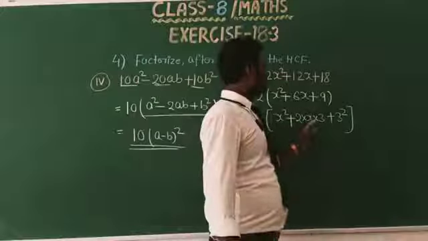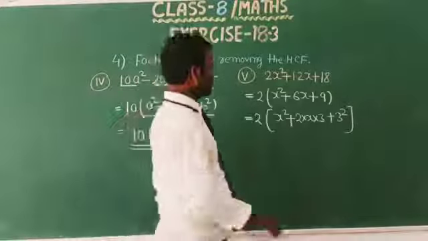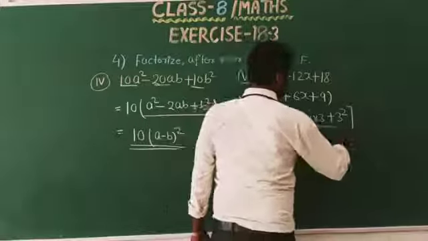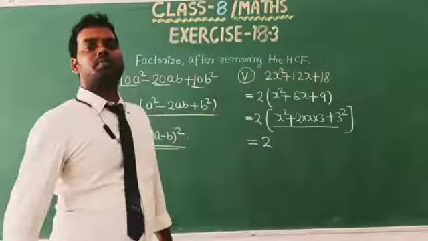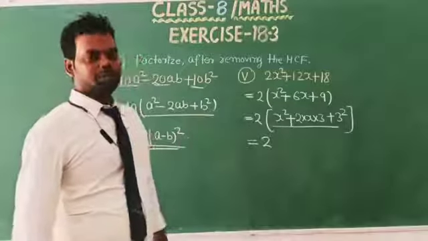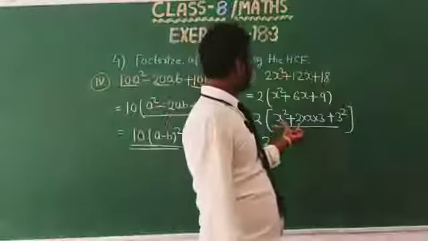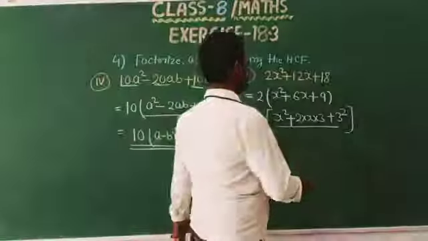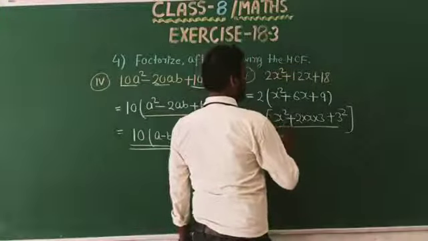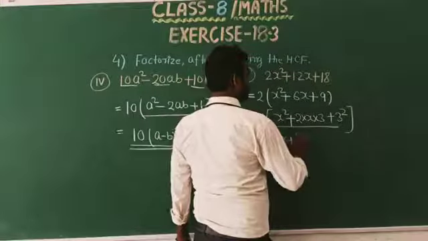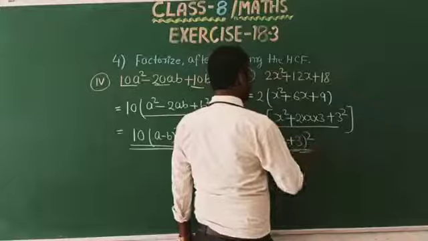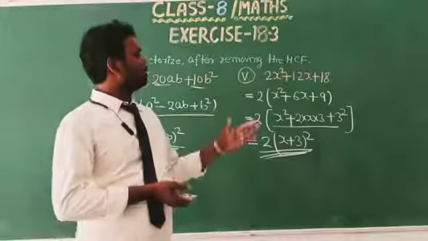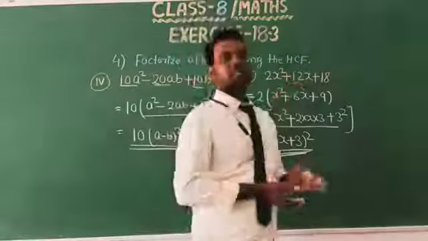This is the identity a square plus 2ab plus b square. Using the identity a square plus 2ab plus b square, which is equal to a plus b whole square, this becomes x plus 3 whole square. So this is the solution of the fifth part, 2x square plus 12x plus 18.